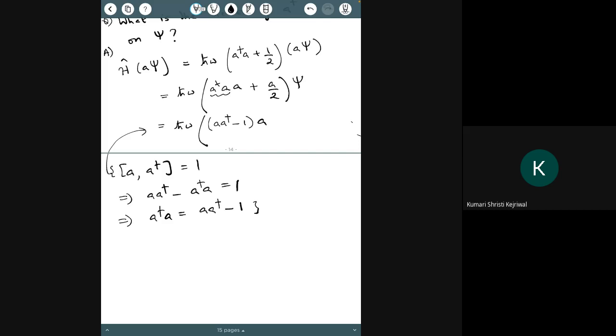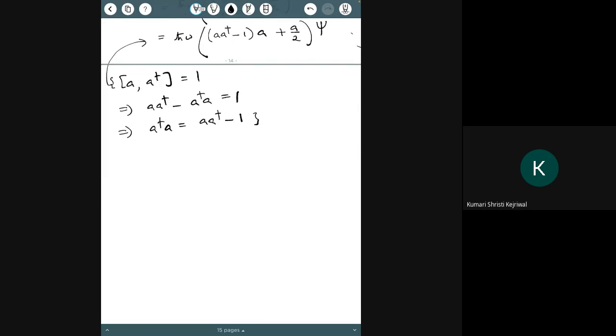So we use that here. And h cross omega is then a a dagger minus 1 a plus a by 2 psi, and then this is equal to h cross omega a dagger a, so minus a plus a by 2 is minus a by 2, psi.